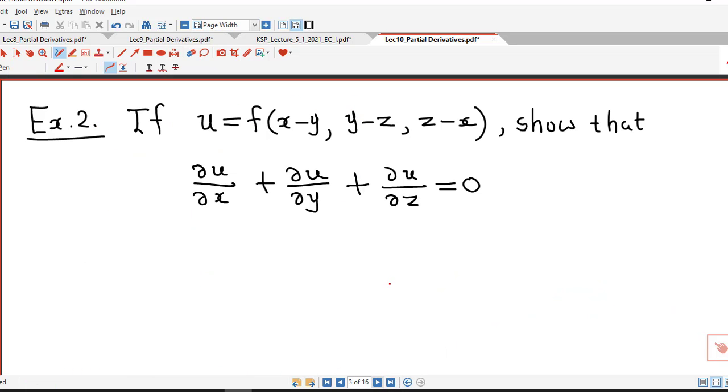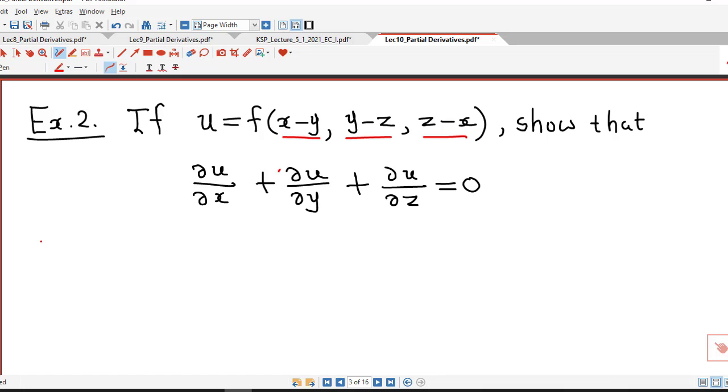We consider another example. It is given that u is a function of x minus y, y minus z, z minus x, and we have to show that the sum of partial derivatives of u with respect to x, y, z is 0. Now here it is not given what this function f is. It is given that u is an arbitrary function of x minus y, y minus z and z minus x.